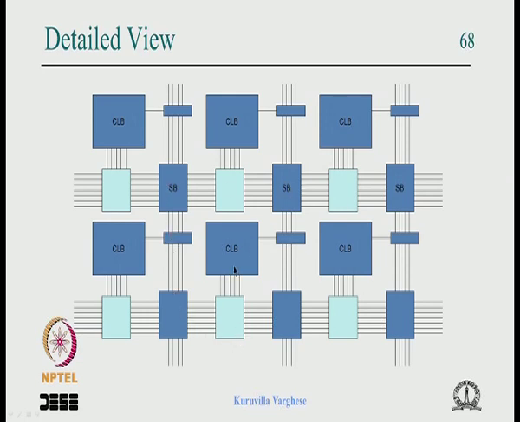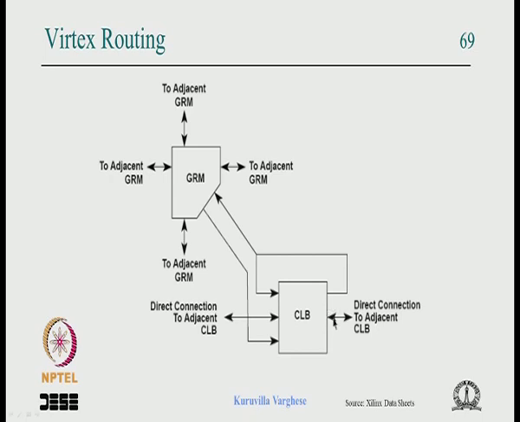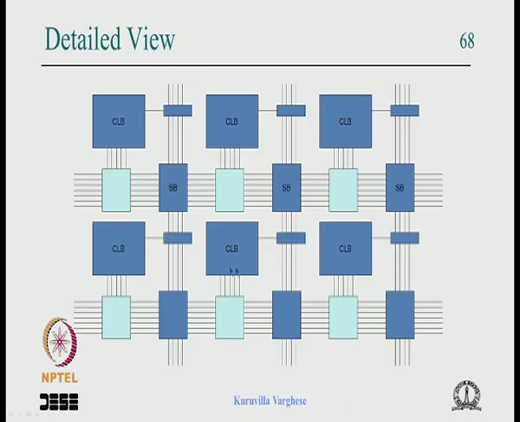It can directly go to the input, and it also shows that if you have an adjacent CLB it is directly connected. So there is a CLB here, that has some output going to the input of this CLB, or similarly some output from this CLB is coming to the input of that CLB. So there are no programmable interconnections.